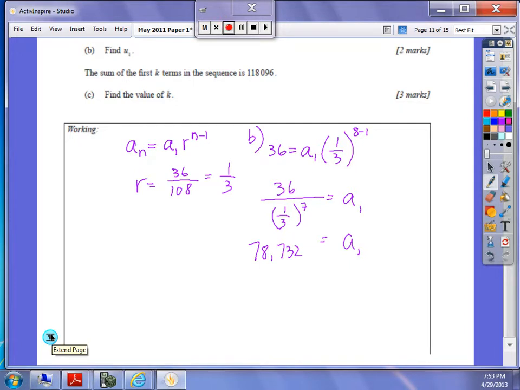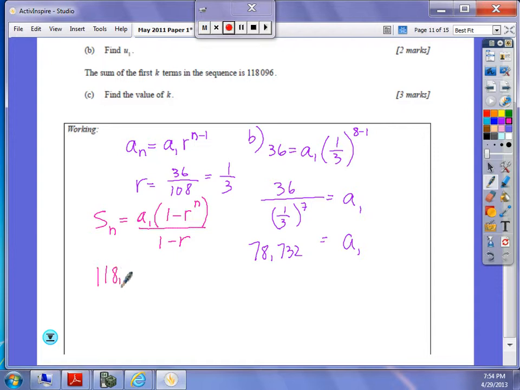And I've got the sum of the first n terms is equal to the first term, so I'll write a sub 1, times 1 minus the ratio to the power of n, all divided by 1 minus the ratio. So we can just do some substituting now. I guess we know the sum.